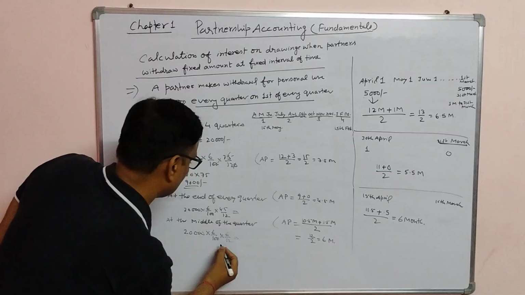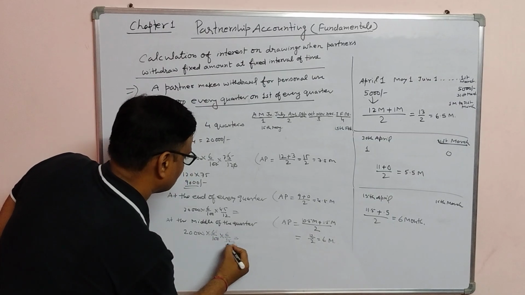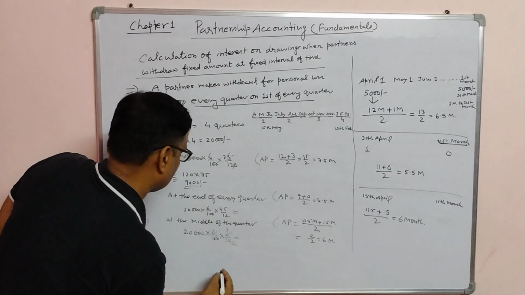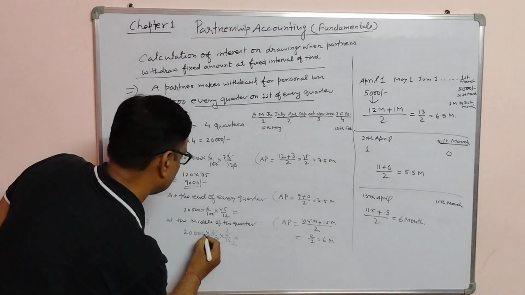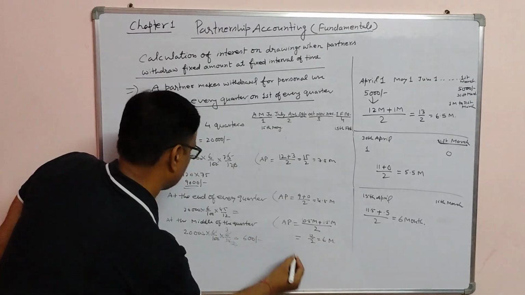Here what will be the value? 6 1 is 6, 6 2 is 12, 2 1 is 2, 2 3 is 6, 0 cancel, means 600 rupees.